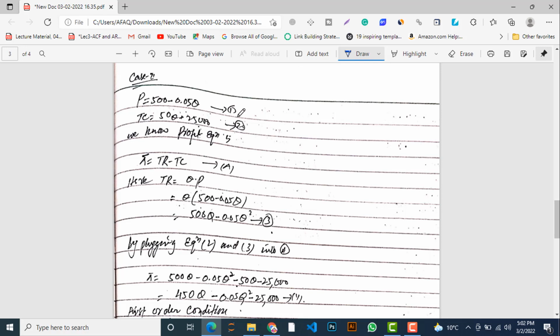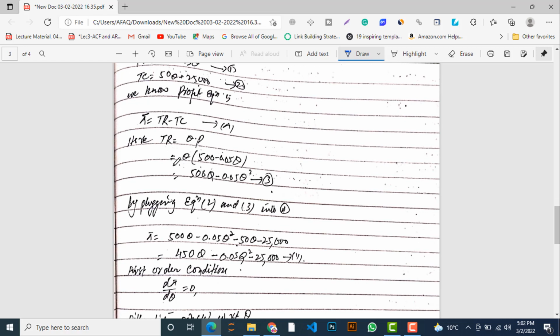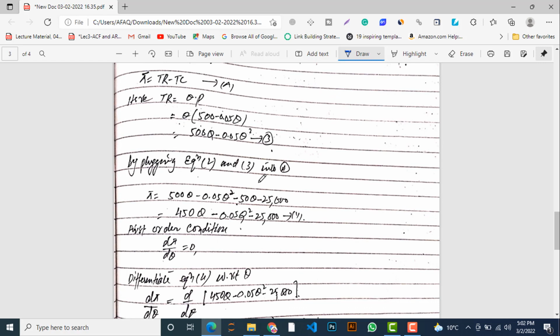We know the profit equation is pi is equal to TR minus total cost, where TR stands for total revenue, and this is equation A. Here TR is equal to Q into P. From equation 1, Q into 500 minus 0.05Q, multiplying Q inside both terms of the parenthesis gives 500Q minus 0.05Q square, and we assign it number 3.